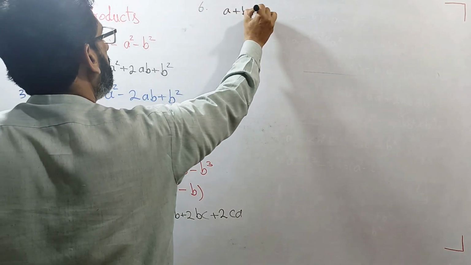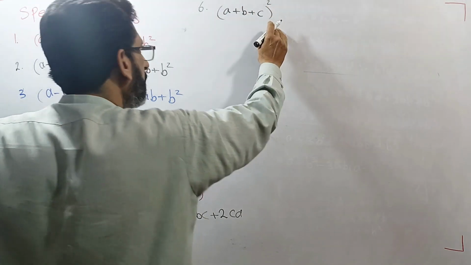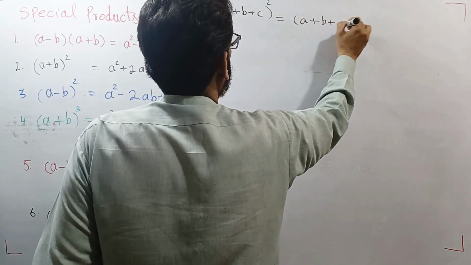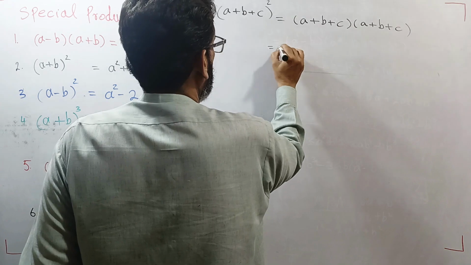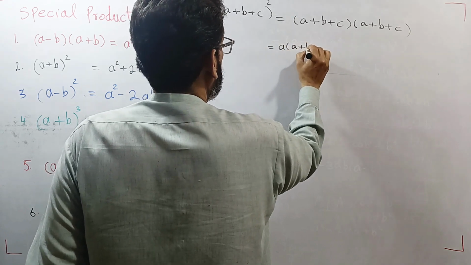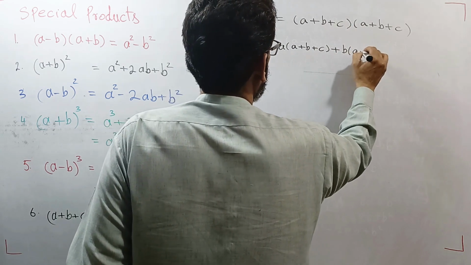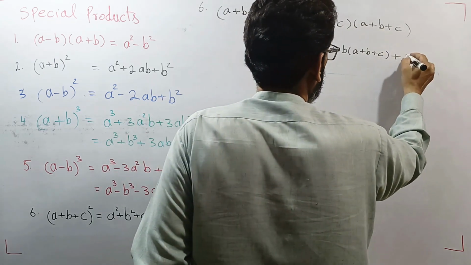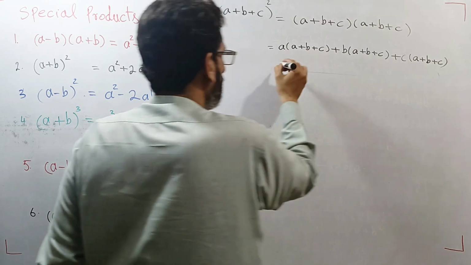Now we take formula 6, a plus b plus c whole square. We can write it a plus b plus c into a plus b plus c: a into (a plus b plus c), plus b into (a plus b plus c), plus c into (a plus b plus c).